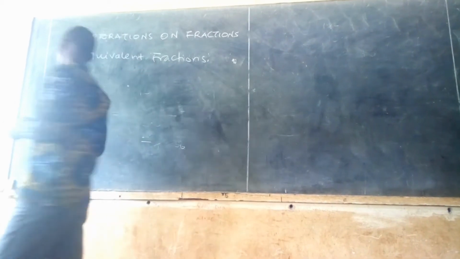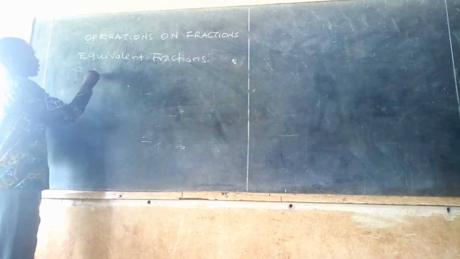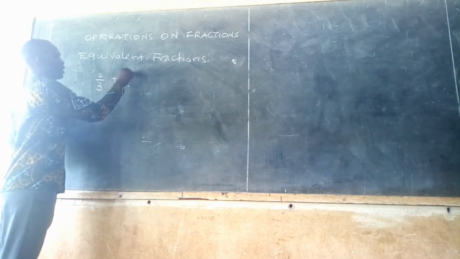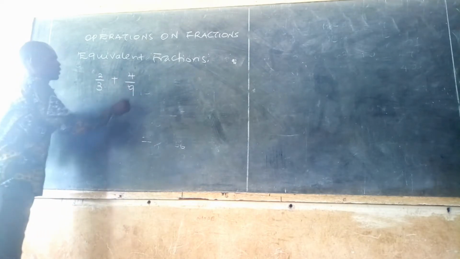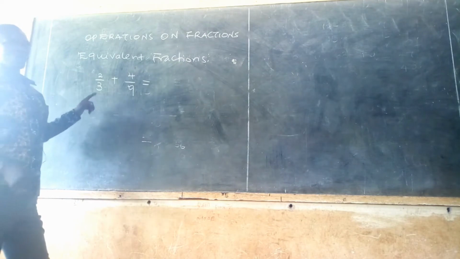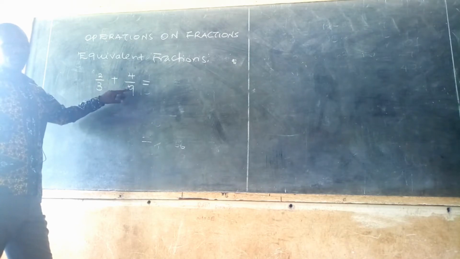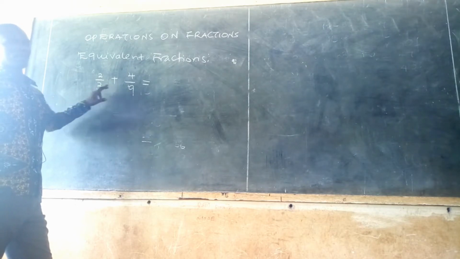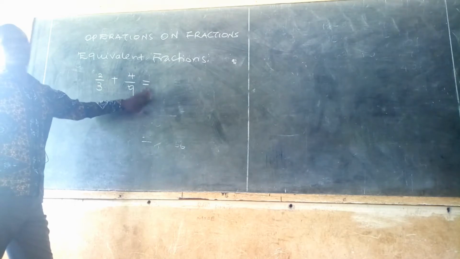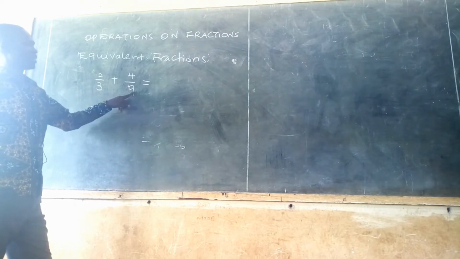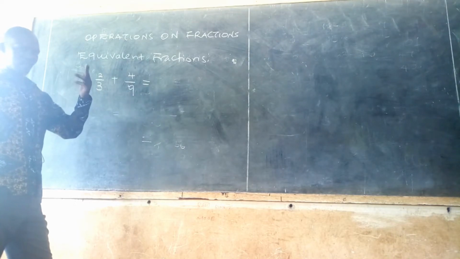For example, if you give me 2 over 3 plus maybe 4 over 9. If you look at this, you will discover that 3 is a factor of 9. In other words, 9 is a multiple of 3. So the only thing I need to ask myself is, what is 9 divided by 3? I will get the answer is 3.